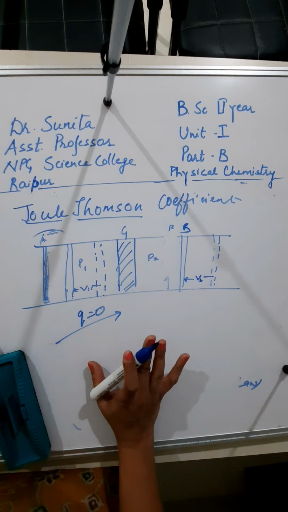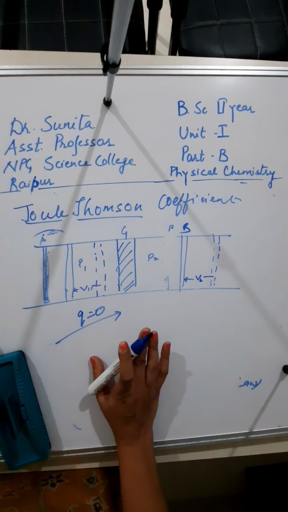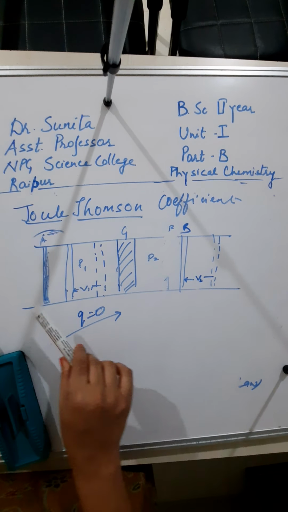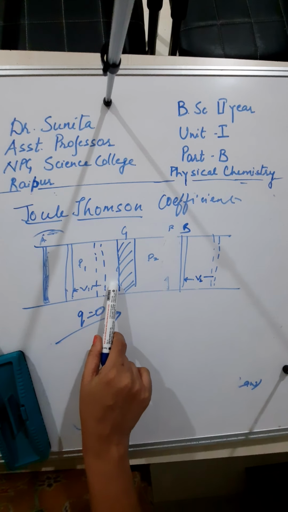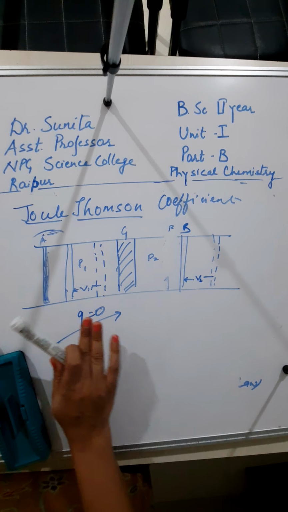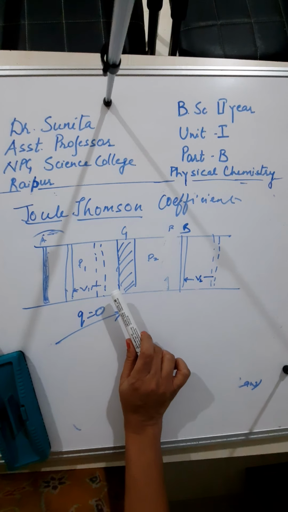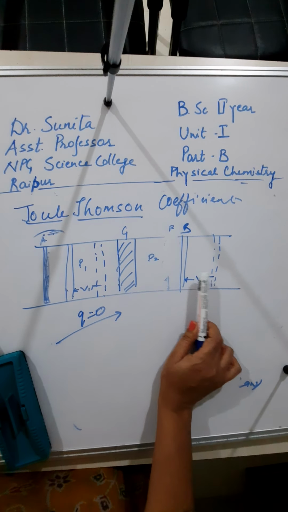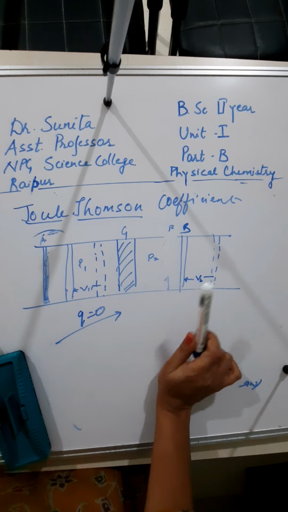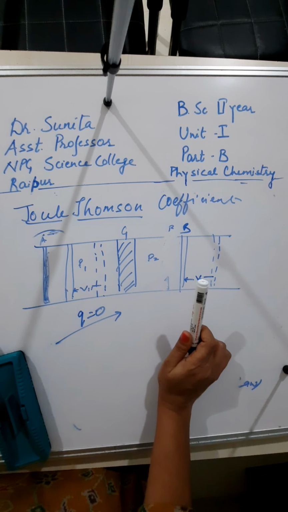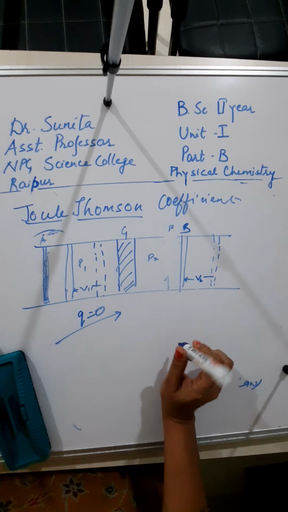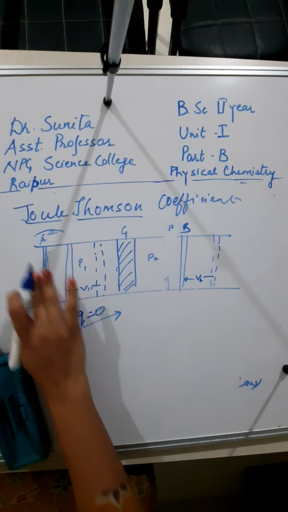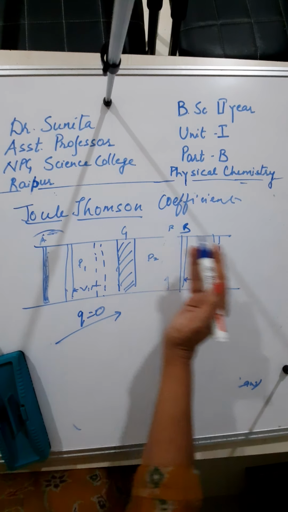A volume V1 of the gas is enclosed between the piston A and the porous plug G. It is forced slowly through the porous plug by moving piston A inwards and is allowed to expand to a volume V2 at a lower pressure P2 by moving piston B outward.